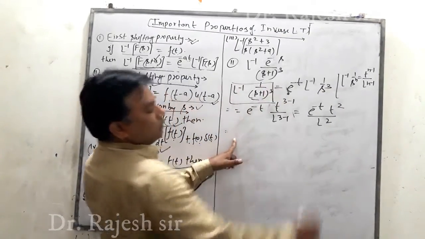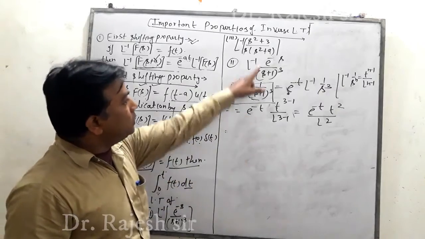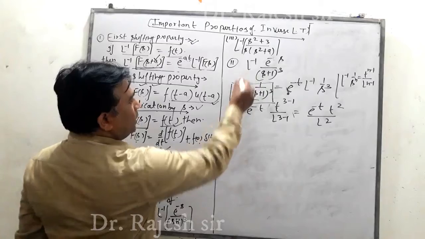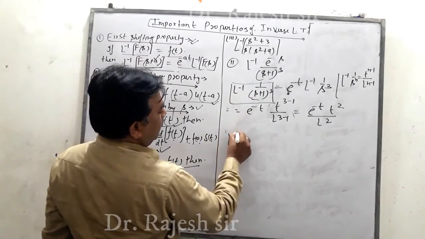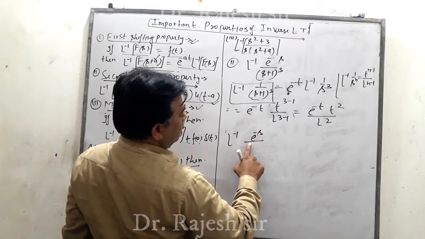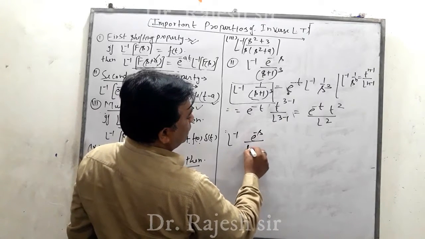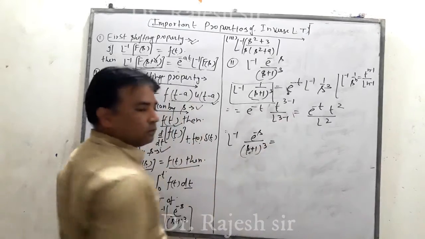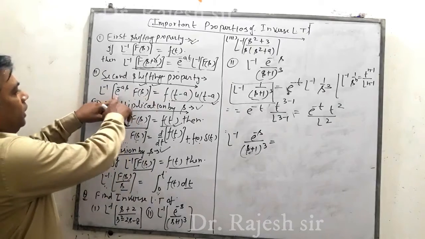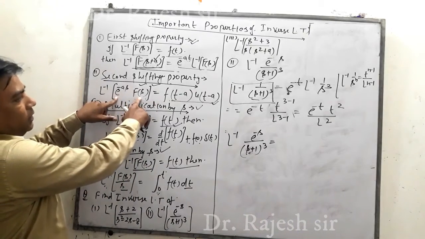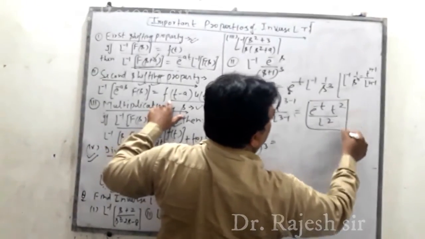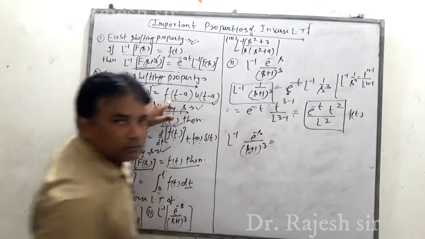But the question is e to the power minus s upon s plus 1 to the whole cube. Now L inverse of e to the power minus s upon s plus 1 to the whole cube. Compare this question with the second shifting property: e to the power minus as times F(s) means f(t minus a). This is the function of f(t).